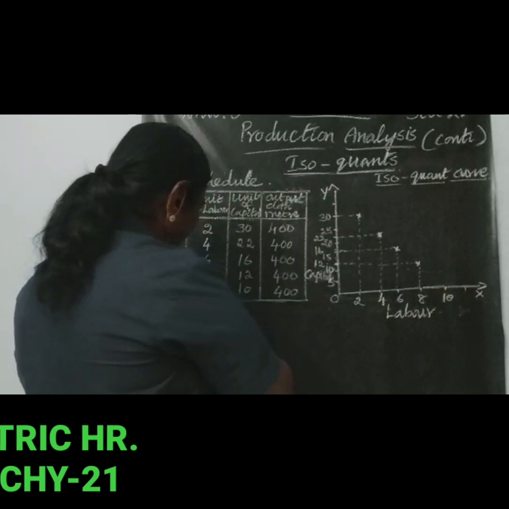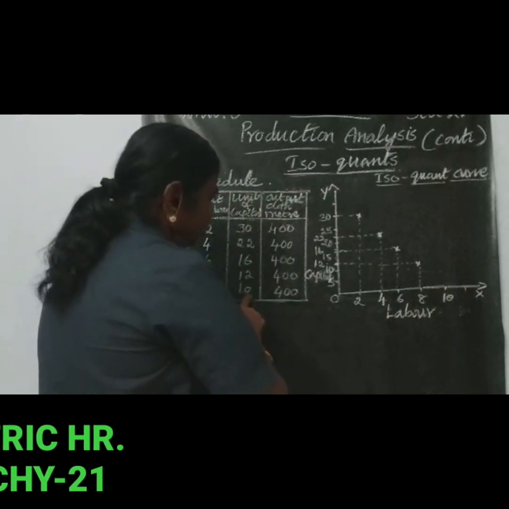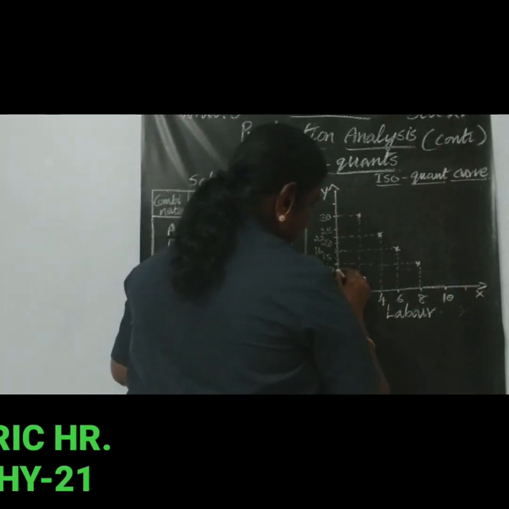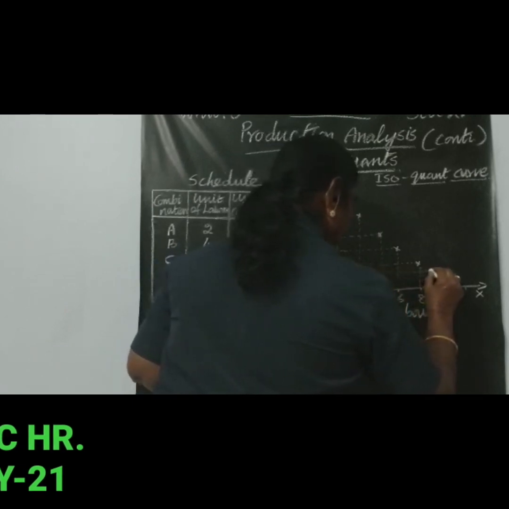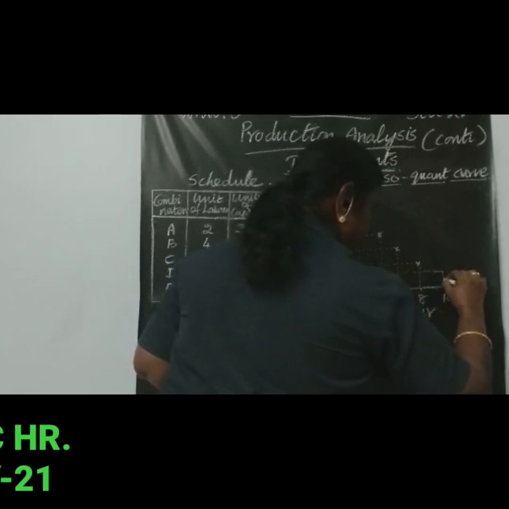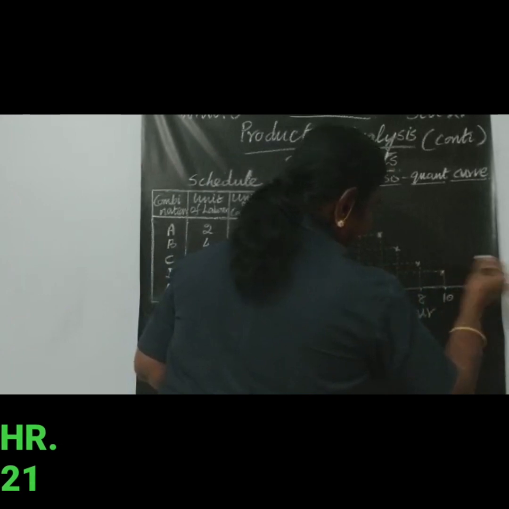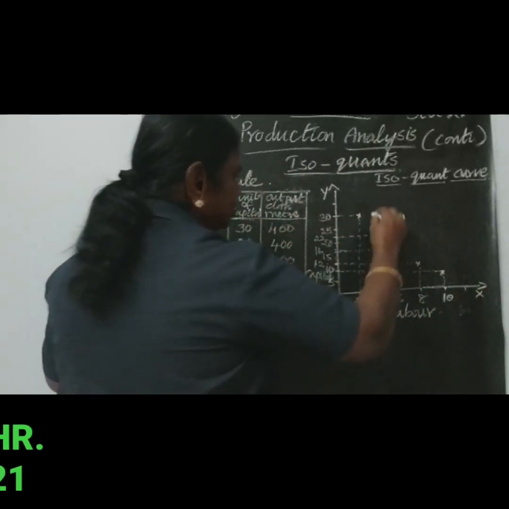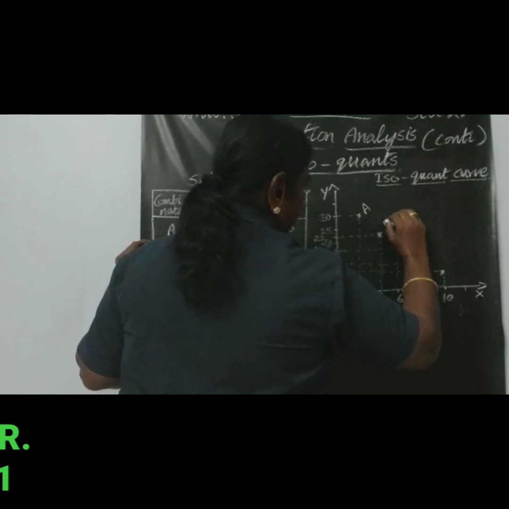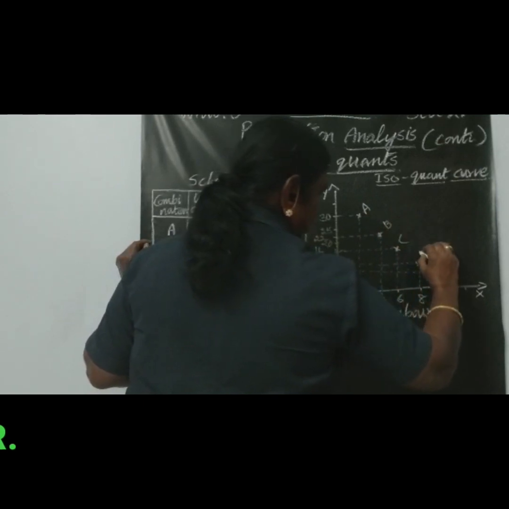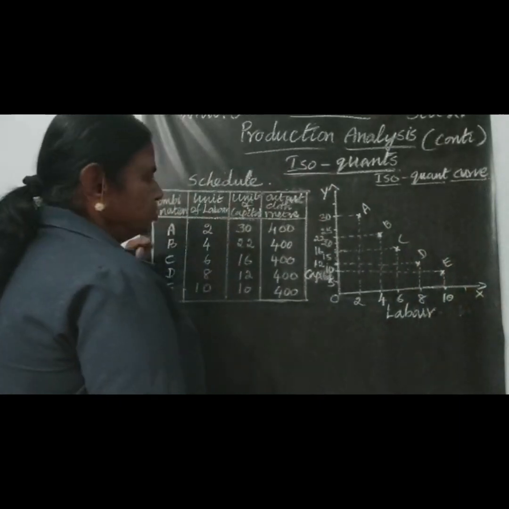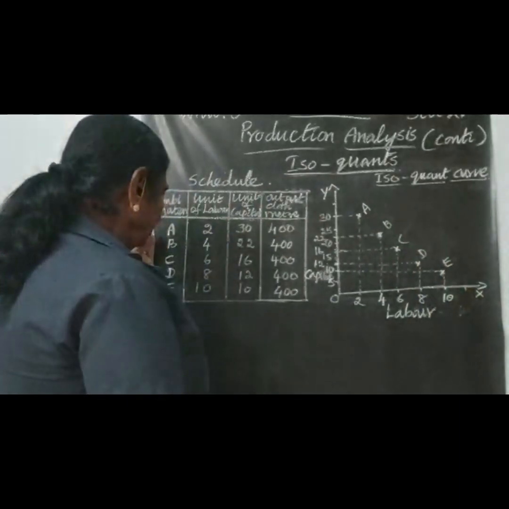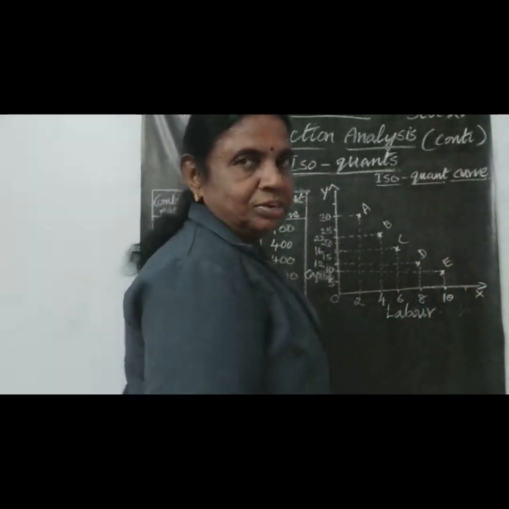And then we have 10 units of labor and 10 units of capital. So now the combinations A, B, C, D and E are mentioned. 5 different combinations A, B, C, D, E are mentioned.